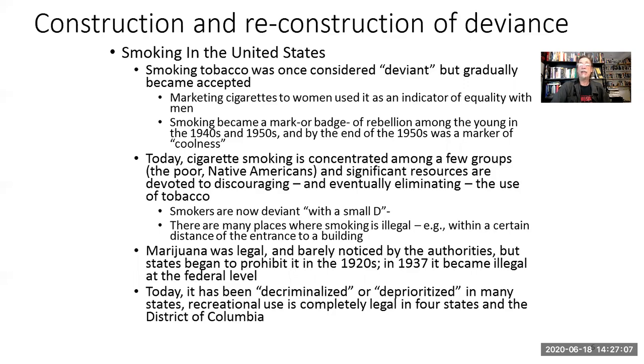Marijuana initially, the government didn't pay much attention to it until the 1920s. There are various ideas for why it became criminalized. One that I tend to favor is that it could be grown anywhere, and it was a drug used by the poor rather than alcohol. Alcohol was taxed.